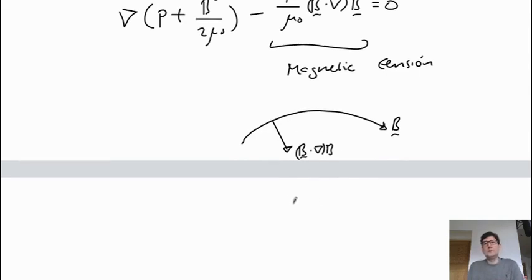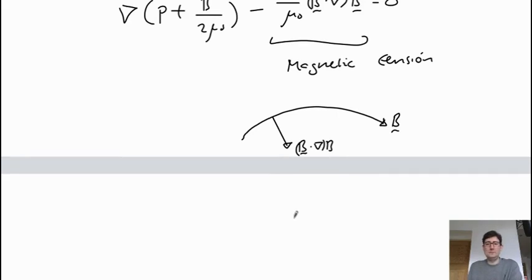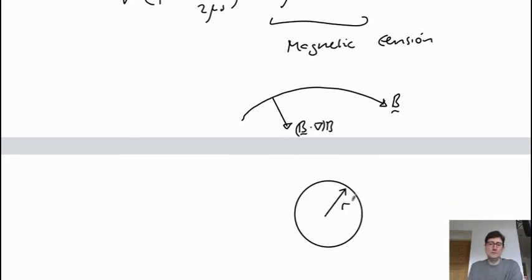So if you're in a circular geometry, a circle of radius r, then B dot grad B is just B squared, the magnitude of B, divided by the radius, and it's in the minus r hat direction.